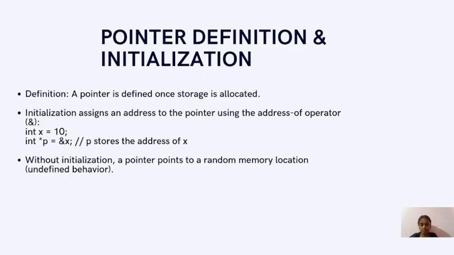For example, int x = 10; int *p = &x; That means now p stores the address of x. Be careful, without initialization, a pointer might point to a random memory location, causing undefined behavior in your program.